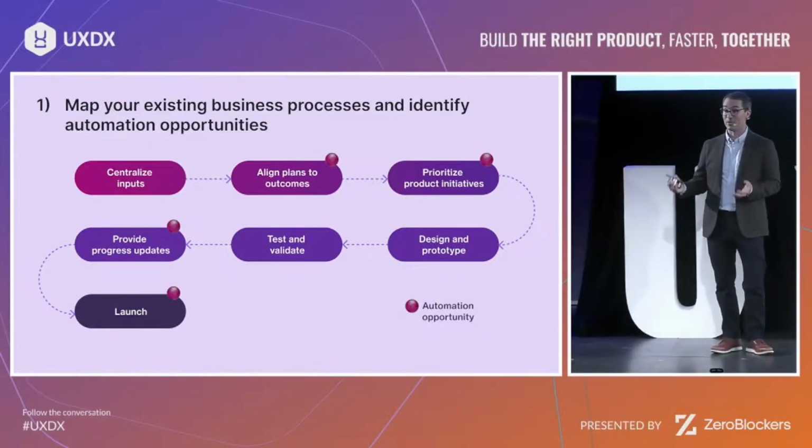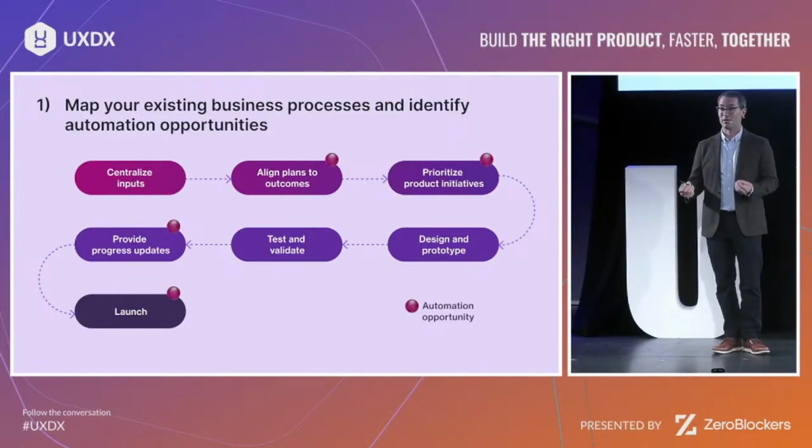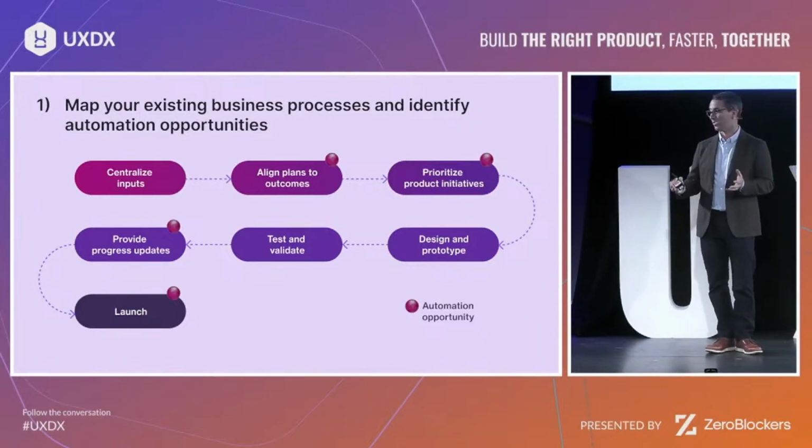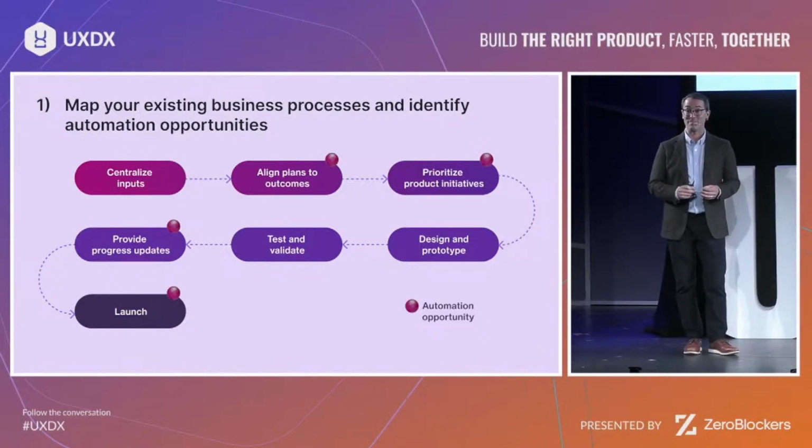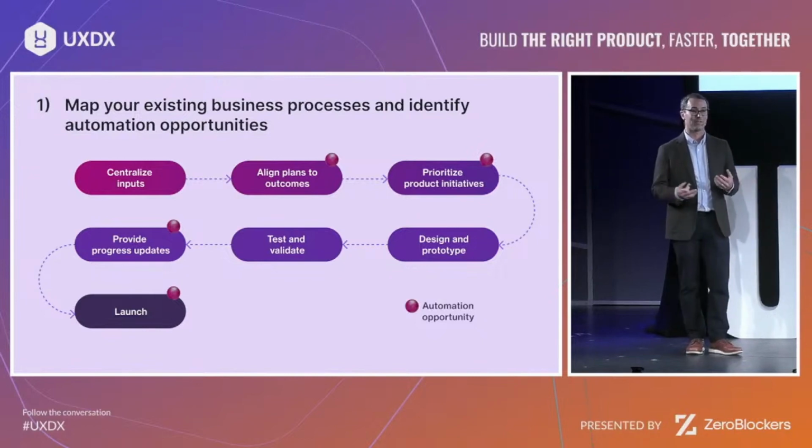Which of these are actually a good fit for LLMs and generative AI tools to help us solve for? Because they're not great for everything, but there are many use cases that they can be really powerful and transformative for. And then what is the impact of actually solving these?